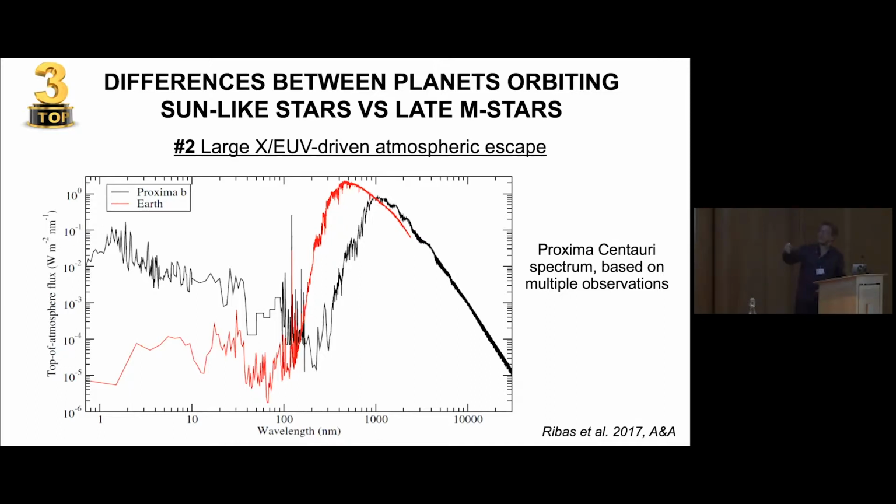As you can see, the black body spectrum of Proxima Cen is at much longer wavelengths. That's what you see at the top here. There is a significant contribution of the non-thermal emission for wavelengths below 150 nanometers. And this will potentially lead, as was pointed out earlier in the week, to huge atmospheric escape.